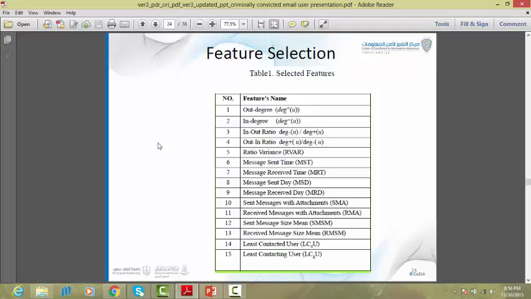And the 14th and 15th, which are the most important features, are the least contacted user and the least contacting user. This is the main feature we are using here, so please take note of it.